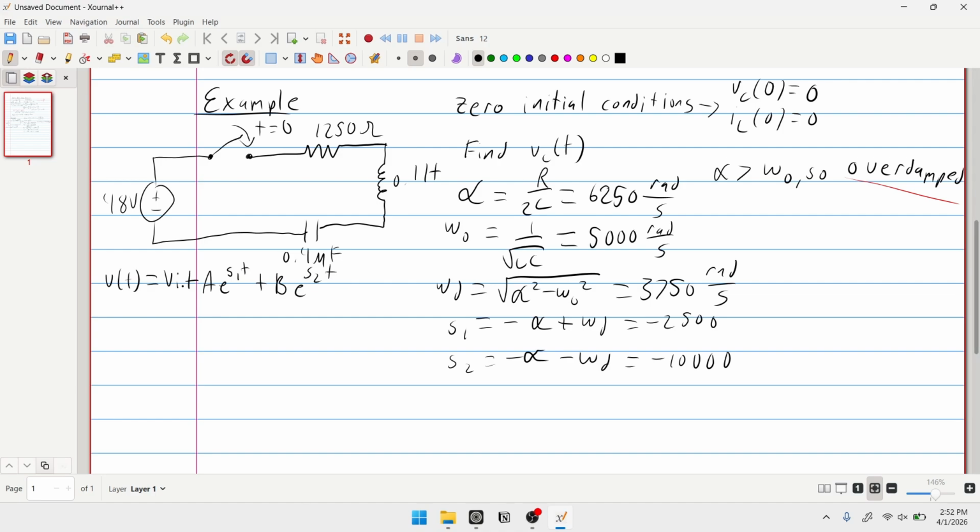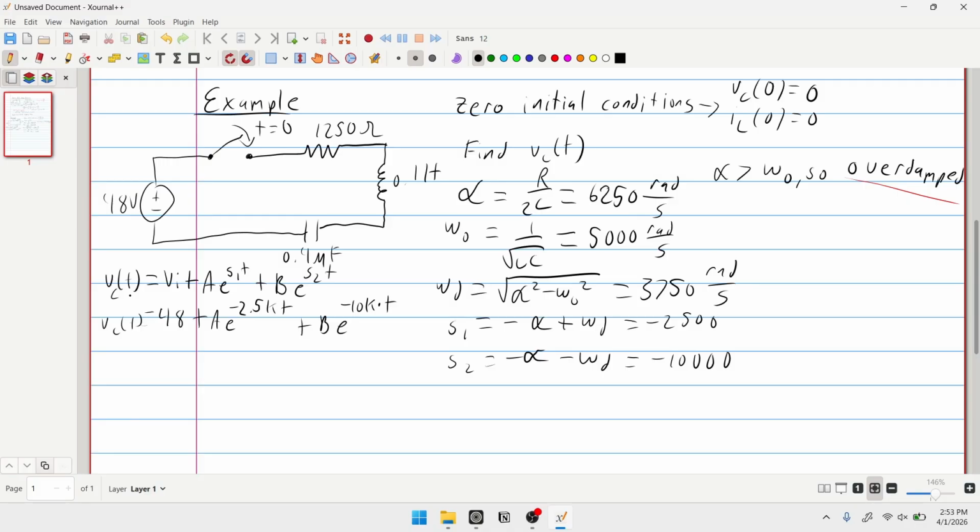And we know that Vi is equal to 48. s1 is equal to negative 2,500. I'm going to write 2.5k just to shorten it. And s2 is equal to negative 10k. This is Vc of t.